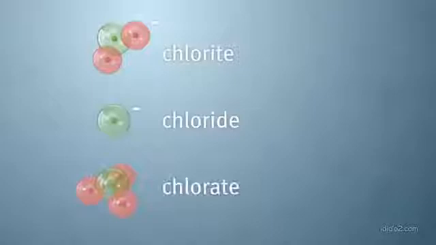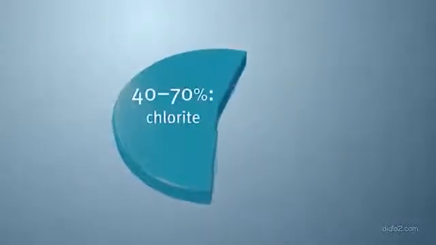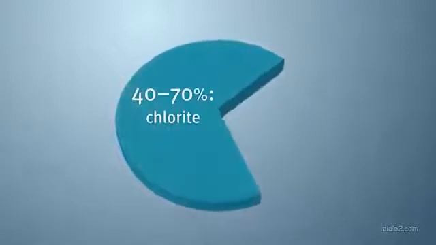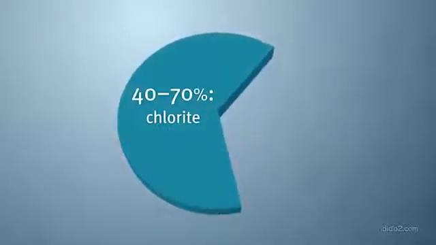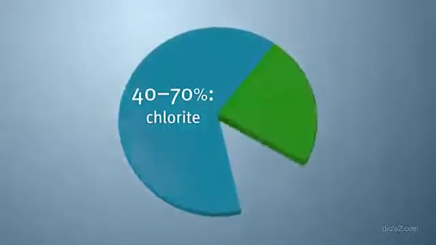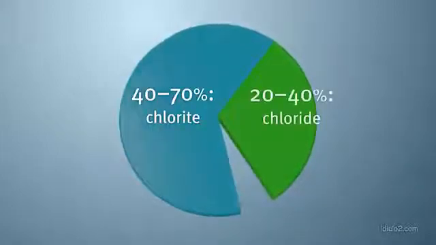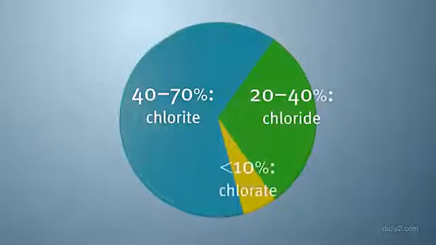The decomposition byproducts of ClO2 generated by sodium chlorite include chlorite, chloride, and chlorate ions. Depending on the water makeup, approximately 40 to 70% of the applied ClO2 dosage will revert to chlorite ions. 20 to 40% of the applied dosage will convert to chloride, and less than 10% of the applied ClO2 will convert to chlorate ions.